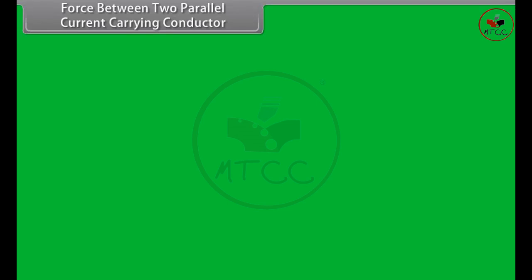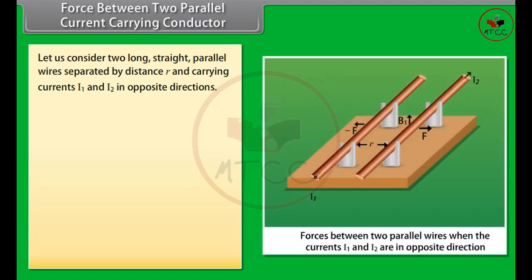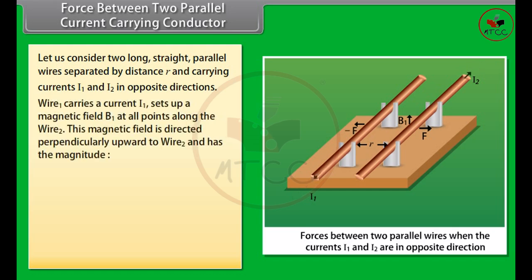Force between two parallel current-carrying conductors. Let us consider two long, straight, parallel wires separated by distance r and carrying currents I1 and I2 in opposite directions. Wire 1 carries a current I1, sets up a magnetic field B1 at all points along the wire 2.